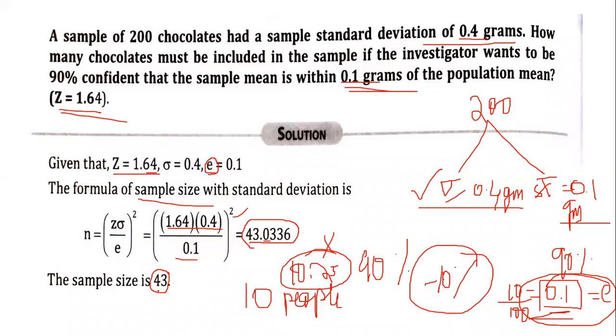So if you take 43 as the sample size, then the mean for that will be 0.1 and 0.4 will be the standard deviation. So the ideal sample size out of 200 chocolates is 43 chocolates. So this is the sample size.